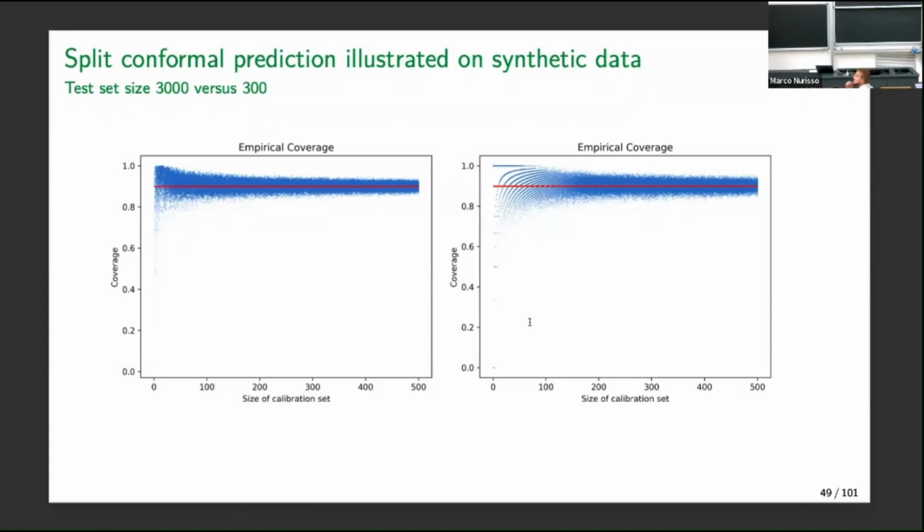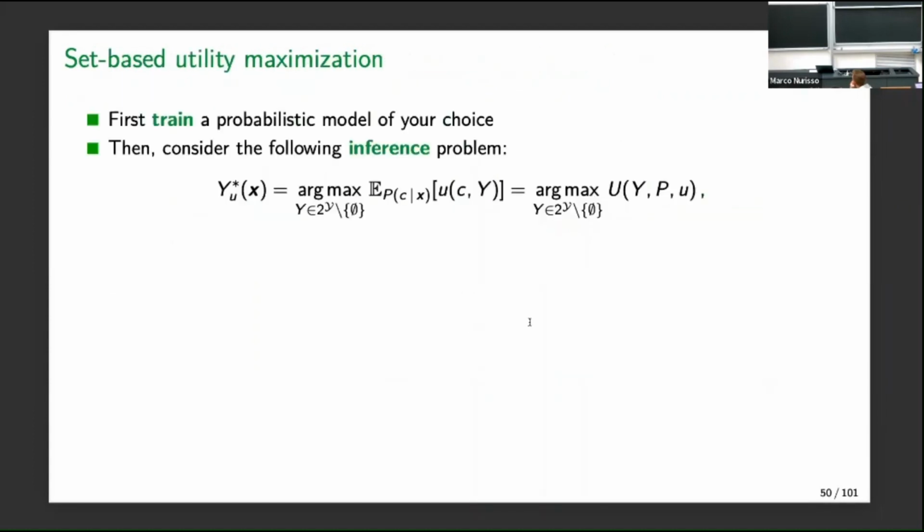Recent literature has shown that this coverage level follows a beta distribution. If you interpret what this coverage actually means, it's a coverage in expectation, when you take the expectation over all possible validation data sets and test sets. We don't have a guarantee for an individual validation data set or test set.